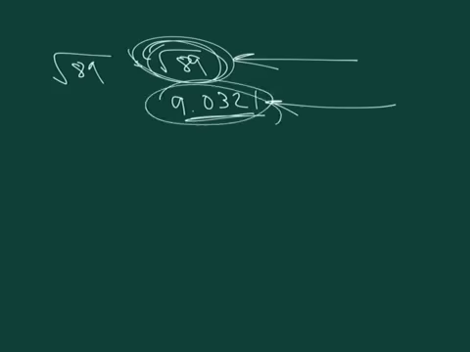This is just an estimate, because like I say, this number here goes on forever. So you can only give me part of it, right? Because your numbers can't go on forever. This is the exact representation, the square root of 89. This basically says forever. Okay? So rather than writing 9.0321 into infinity, you're just writing the square root of 89, which means forever.